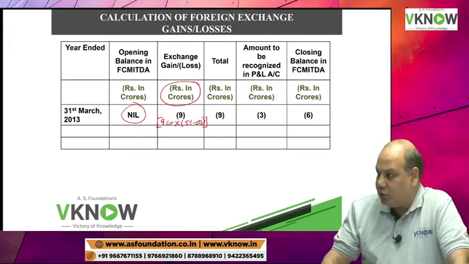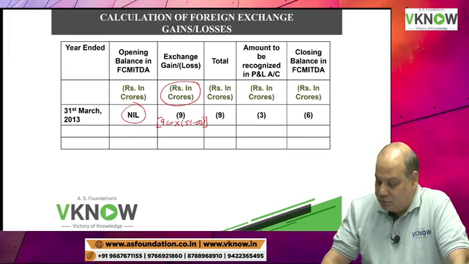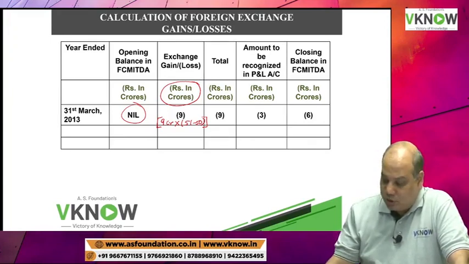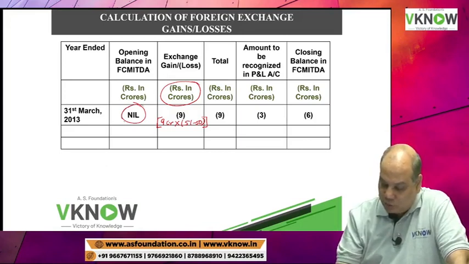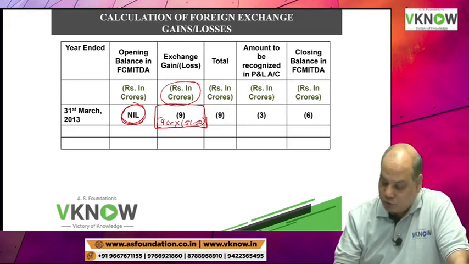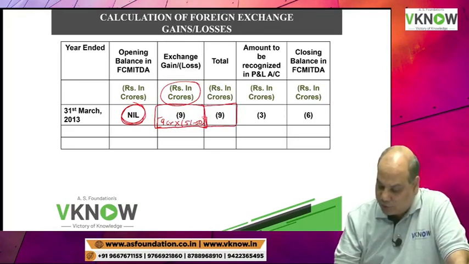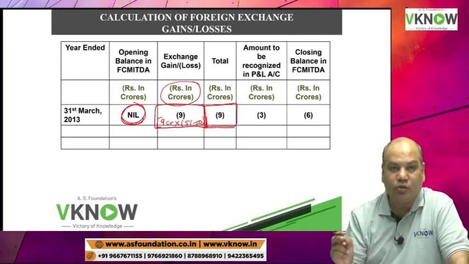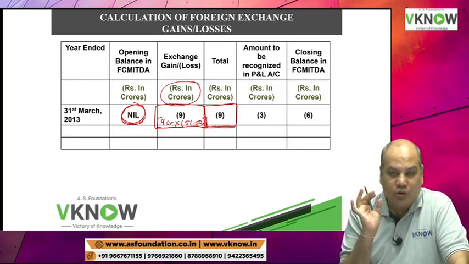Rate is 51 now. It was 50 last year. By 1 rupee, it has gone up. So opening balance is 0. Current year exchange difference 9 crore. So total balance in FCMITDA account will be 9 crore.